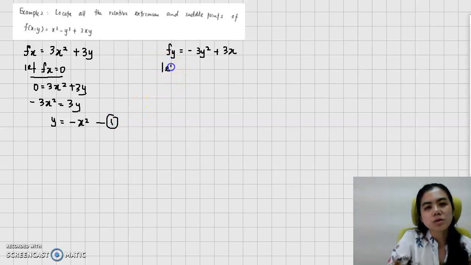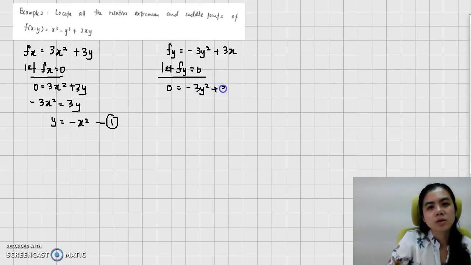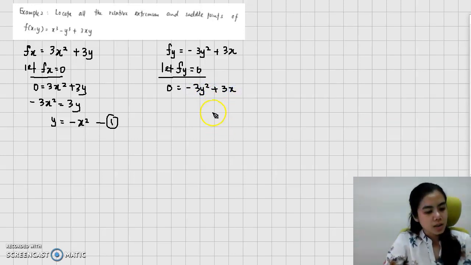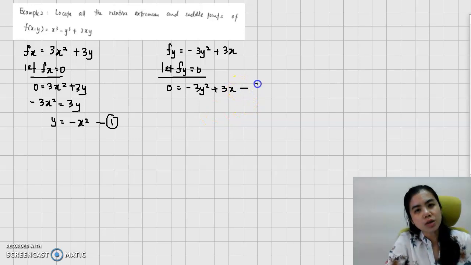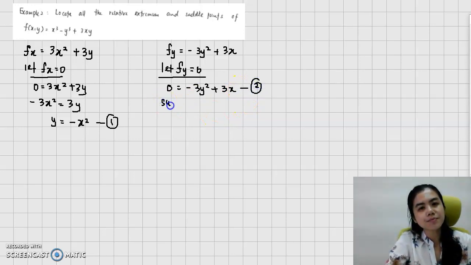Then the second equation is obtained from fy equal to 0. So we have 0 equals minus 3y squared plus 3x. In here, you can do the substitution. We substitute number 1 into number 2.